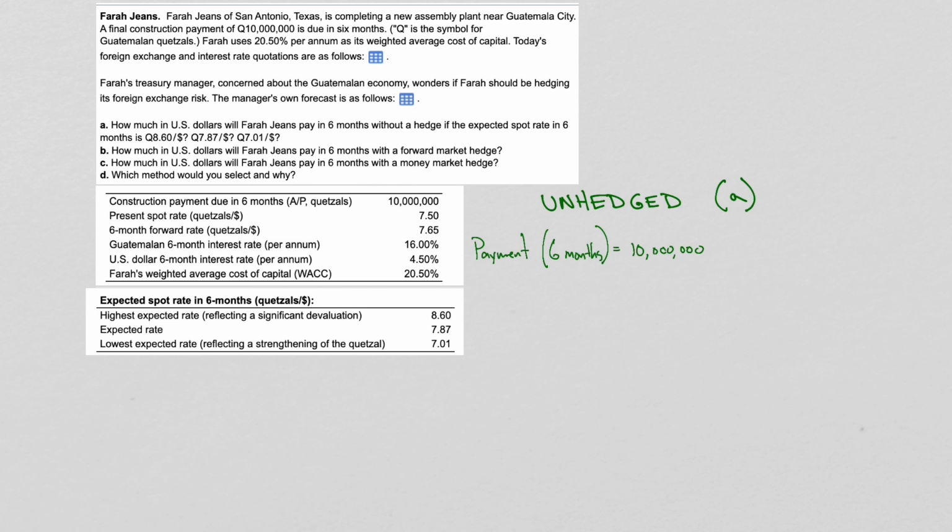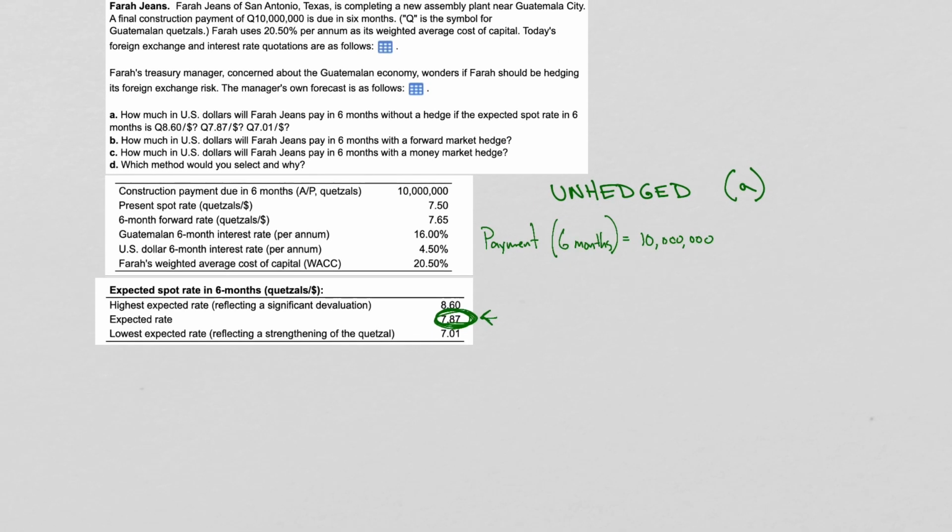We don't know what the exchange rate is going to be in 6 months, but our baseline scenario is that it's going to be 7.87 quetzals to the dollar. So $1 buys 7.87 quetzals. $1 buys more quetzals, so if we're going from quetzals back to dollars, then this number should be smaller.